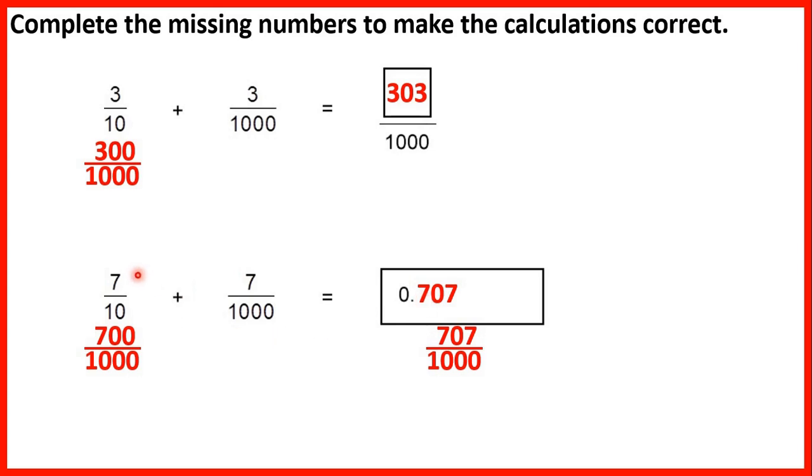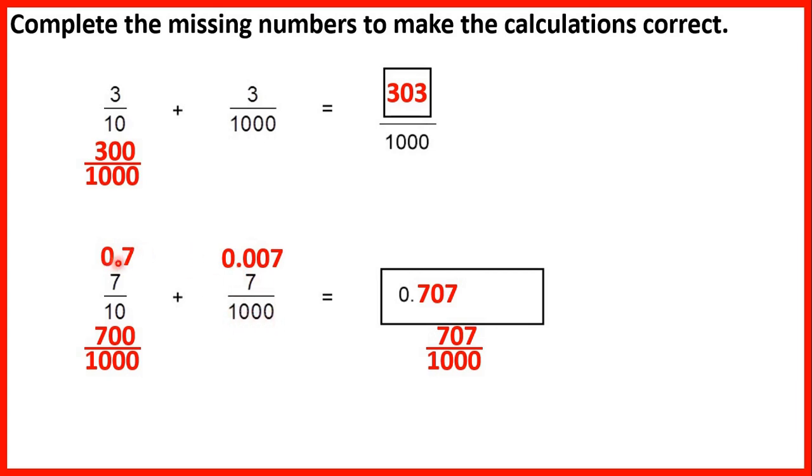The other way to solve this question would be to change our fractions to decimals. So 7 tenths is 0.7 because the first digit after the decimal point tells us how many tenths we have, and then 7 thousandths is 0.007 because the third digit after the decimal point tells us how many thousandths we have.